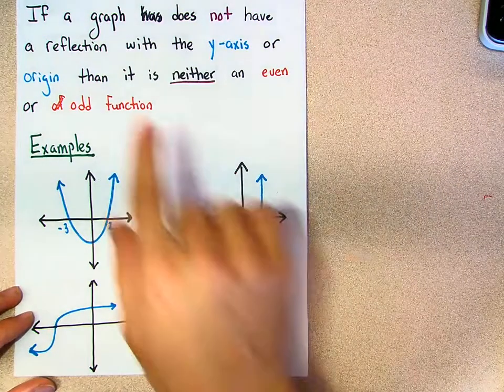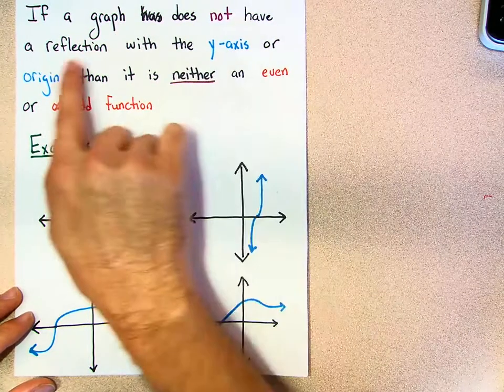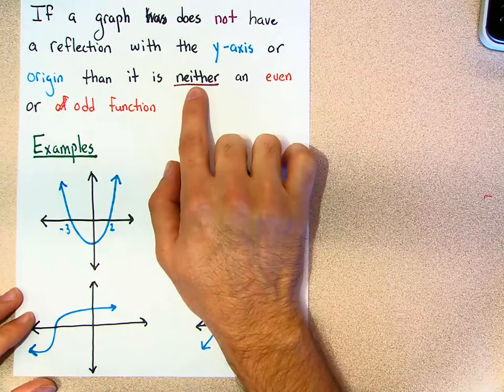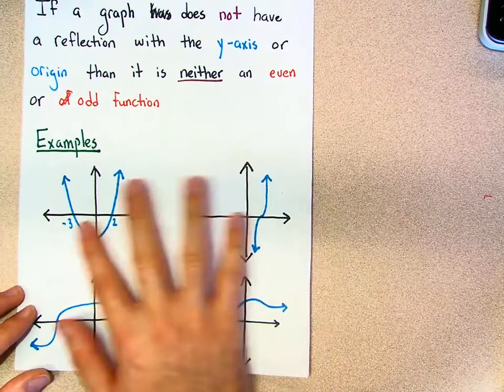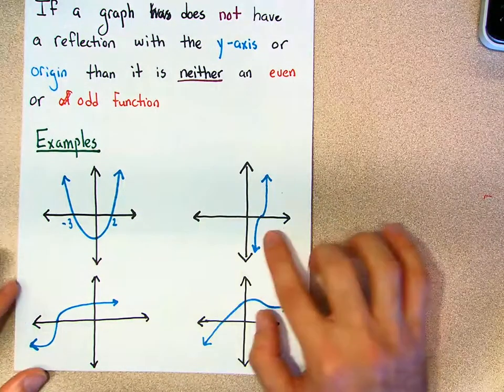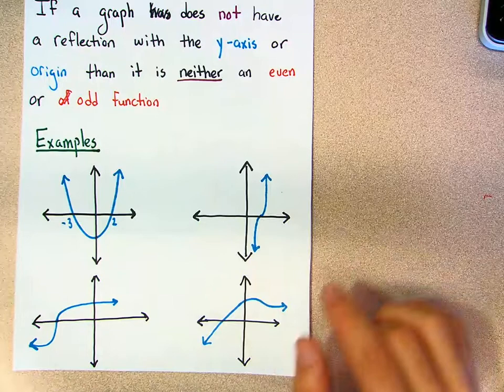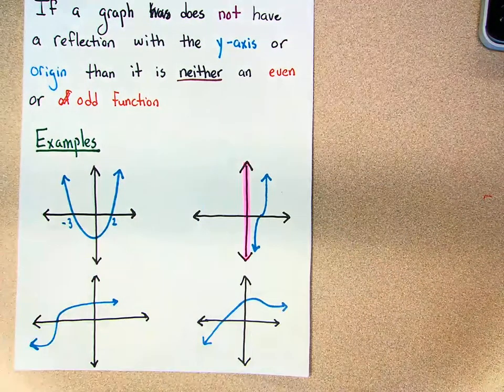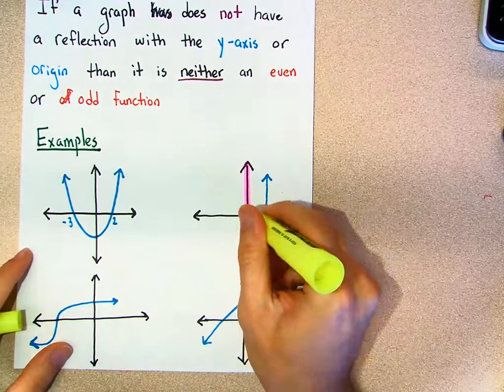Here, if a graph does not have a reflection with the y-axis or the origin, then it is neither an even nor odd function. So graphs like this one for example, there's no reflection with the y-axis and there's no reflection with the origin, right?